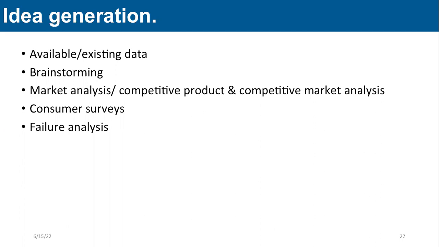So we can collect the available data, but its accuracy should be there, it should be correct data. And brainstorming. What is the ultimate objective of conducting brainstorming? To get ideas, concepts, right? And screening, to find the correct ones.